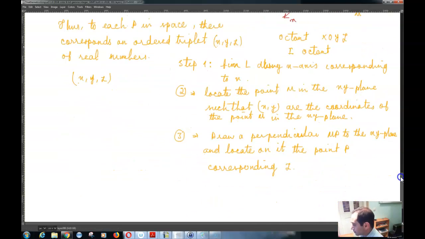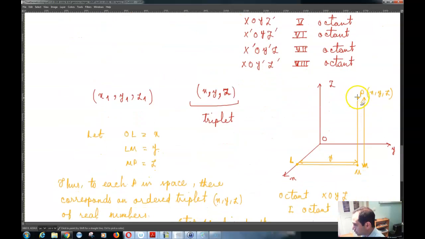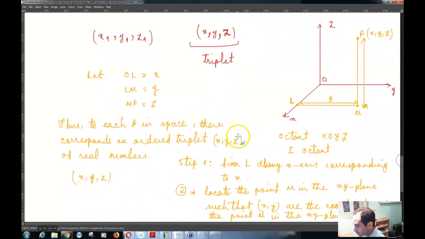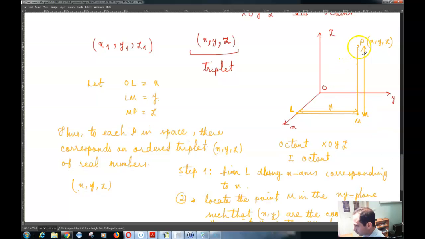So basically in the first process, we had a point over here, and through the process that we went through, we assigned 3 numbers to that point, essentially a triplet of real numbers, and that was the location of that point in space. And conversely, we had a triplet of numbers, basically X, Y, Z, and then using this process, we located that point in space.